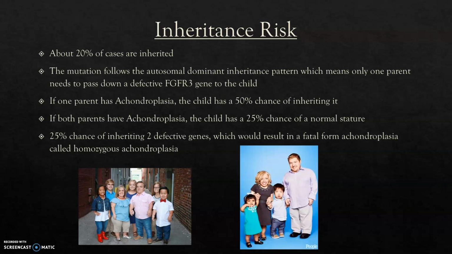Amber has both average-sized parents, and Trent has one average-sized parent and one parent with achondroplasia. They had two biological children, and both came out with achondroplasia, Jonah and Elizabeth, the two in the back.